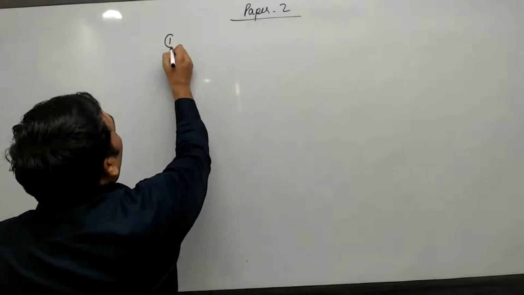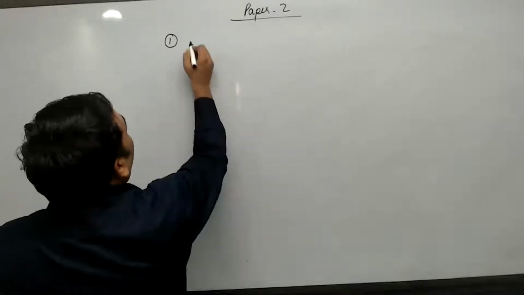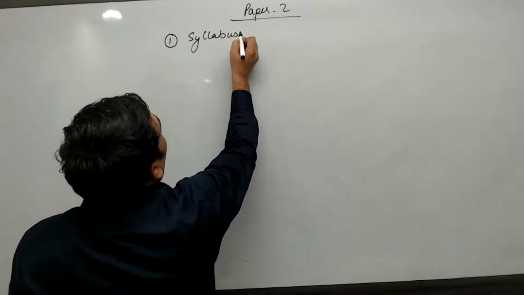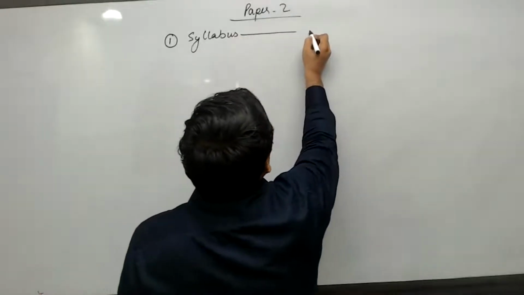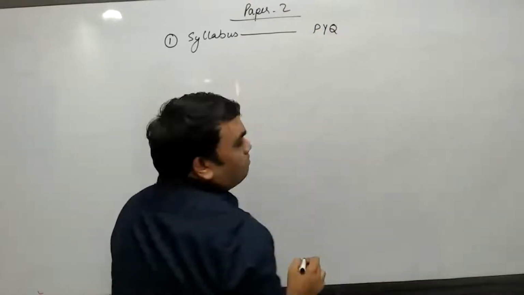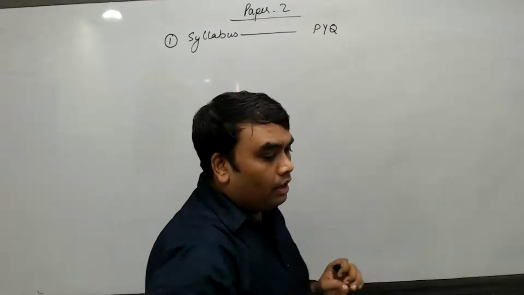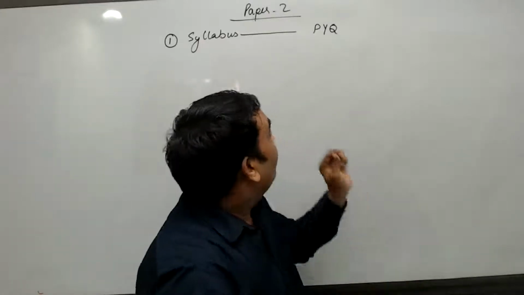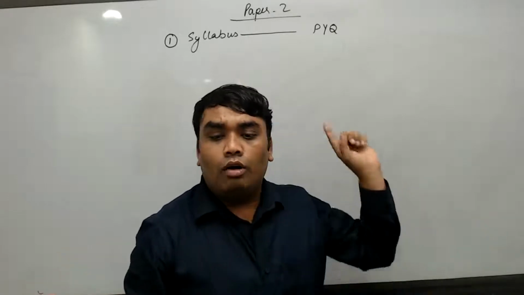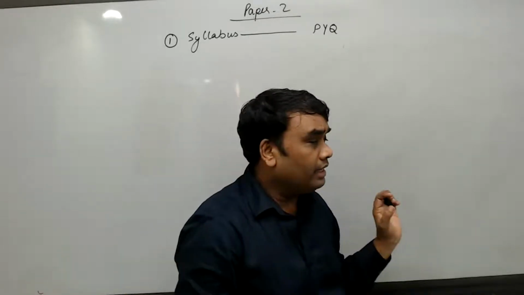First, when you go for the preparation, you must always keep the syllabus with you. And second, always keep the PYQ with you. PYQ means previous year question paper. This is the first criterion for the preparation of paper 2 of psychology, right?